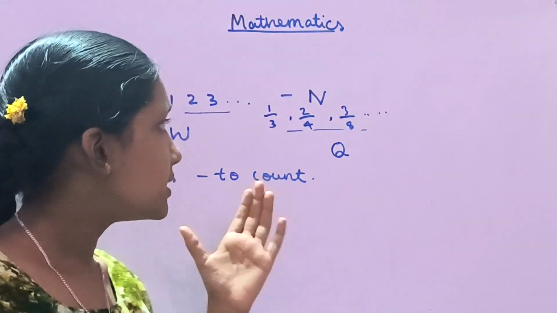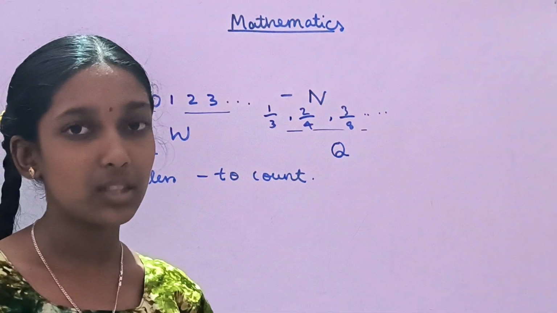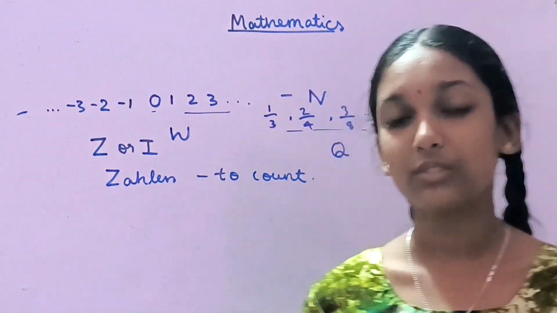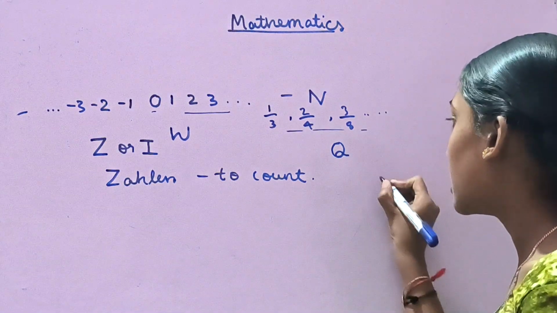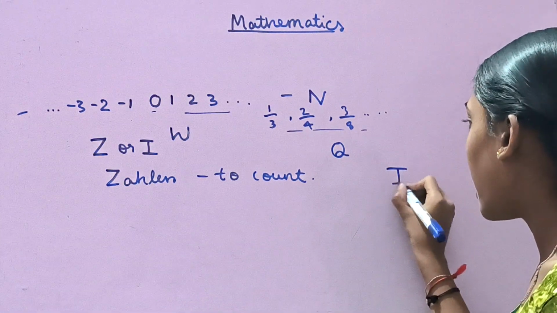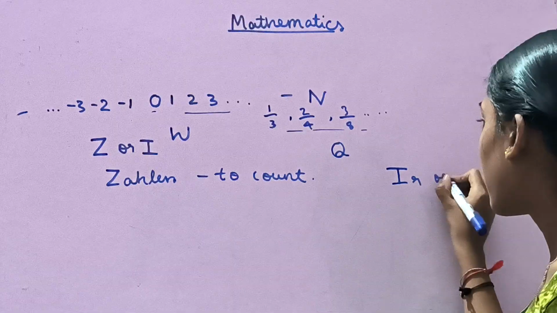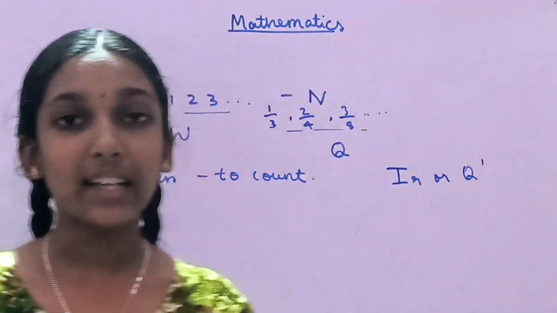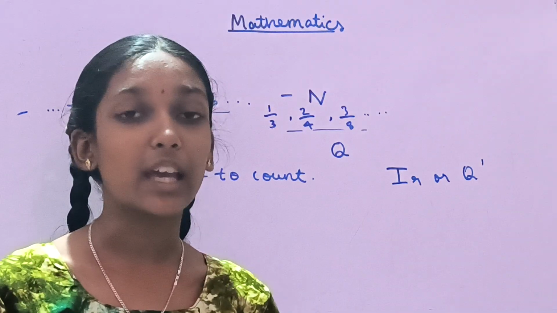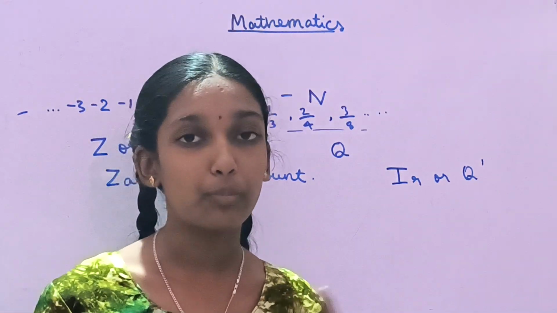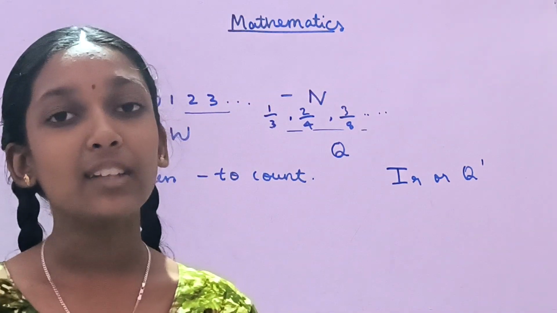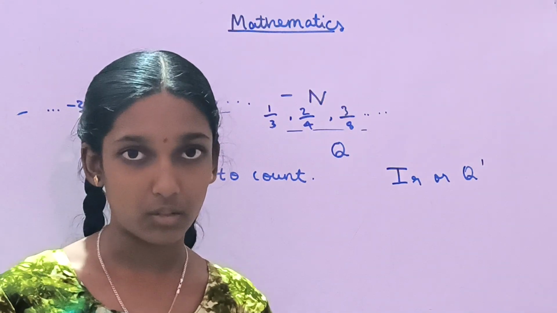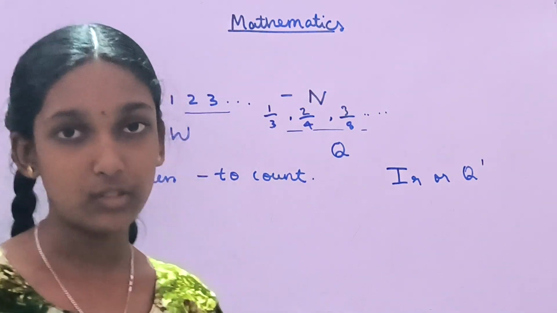But are these the only numbers under real numbers? No. There is another set of numbers, which are irrational numbers, denoted by IR or Q dash. Irrational numbers are the numbers which cannot be expressed in the form of p by q, where p and q are integers and q is never equal to 0.